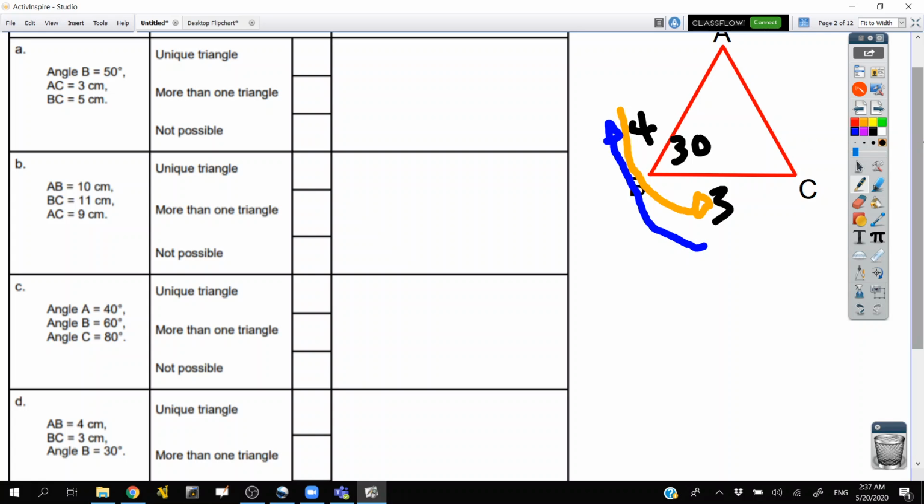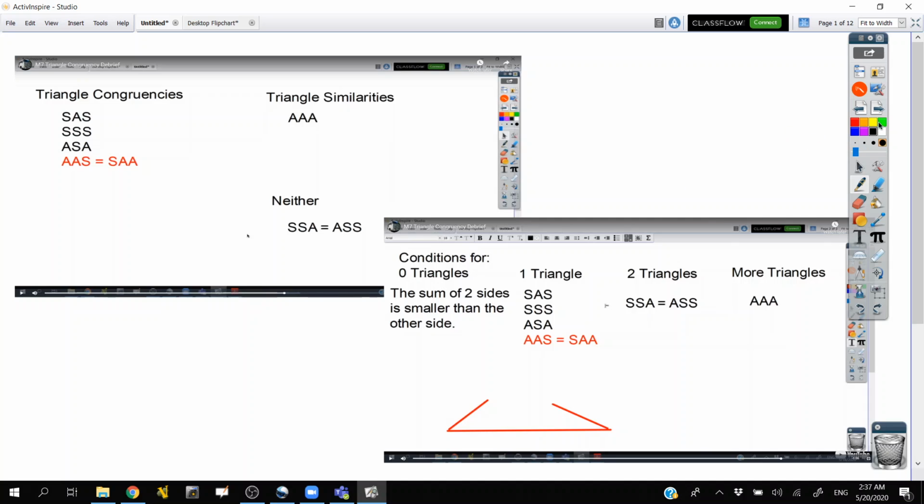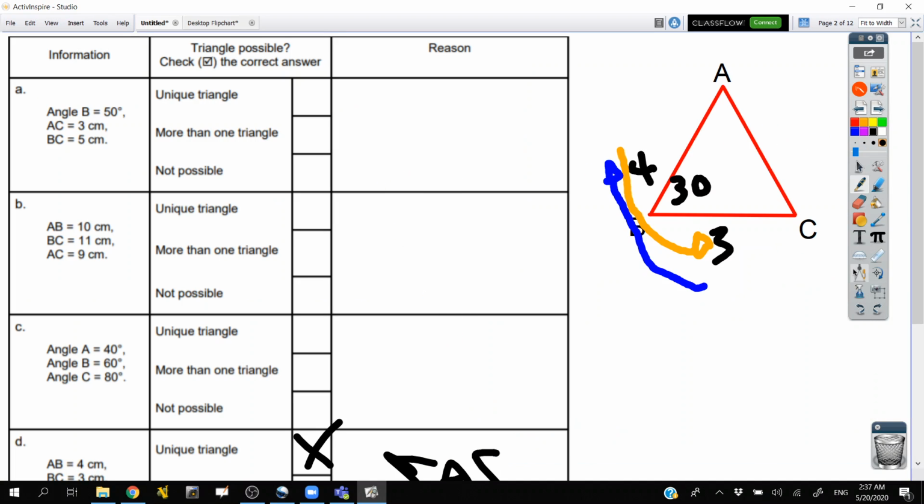Either way, this last one ends up being side, angle, side. And if we look back at those congruencies, you would see it is a congruency, meaning there has to be exactly one unique triangle. So if you were going through the fast way using these ideas, that's what I would have expected you to see.